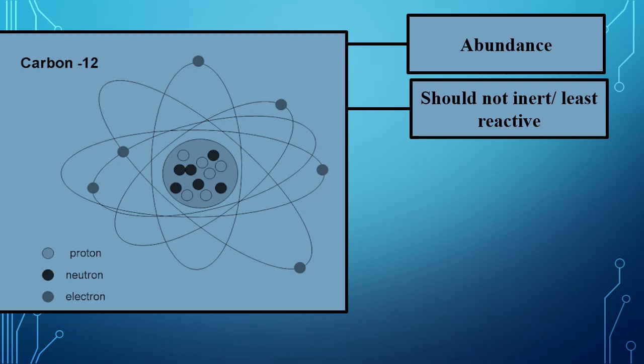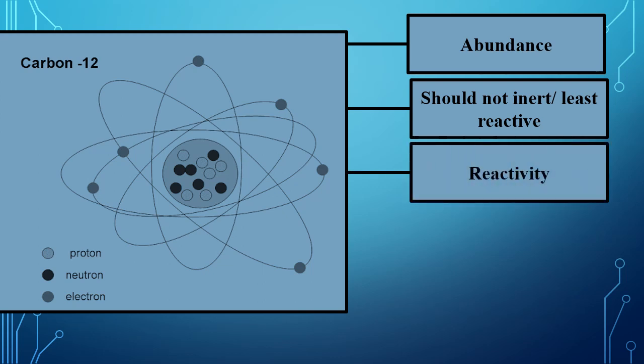So the third thing which chemists saw before selecting an element as a standard is that the element should be active, but not so active that it reacts all the time with other chemicals or elements, like the alkali metal group or halogen group, or the most reactive elements. We can say that the element used as a standard is neither least reactive nor too reactive.